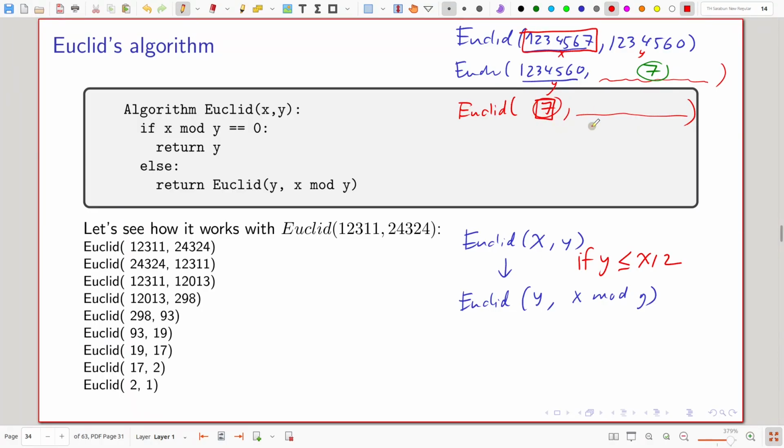So after two recursive calls, I want to be able to say that if y is less than x over 2, then after one recursive call, the first argument decreased by a factor of 2. Otherwise, after two recursive calls, the first argument decreased by a factor of 2 as well, right? So this gives you some example, okay? But why is that true?